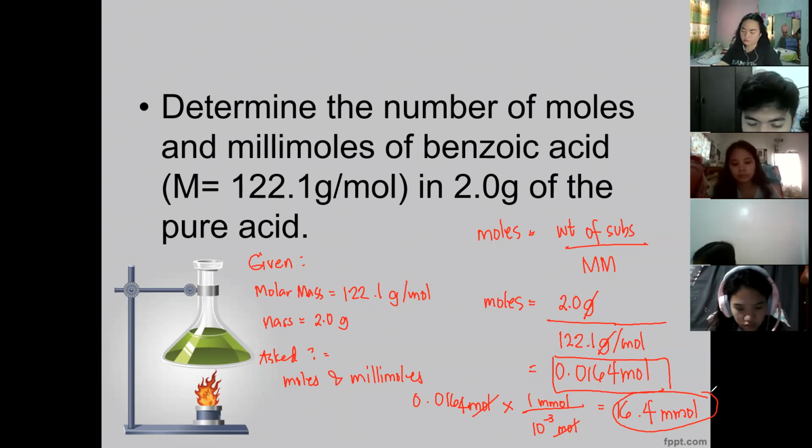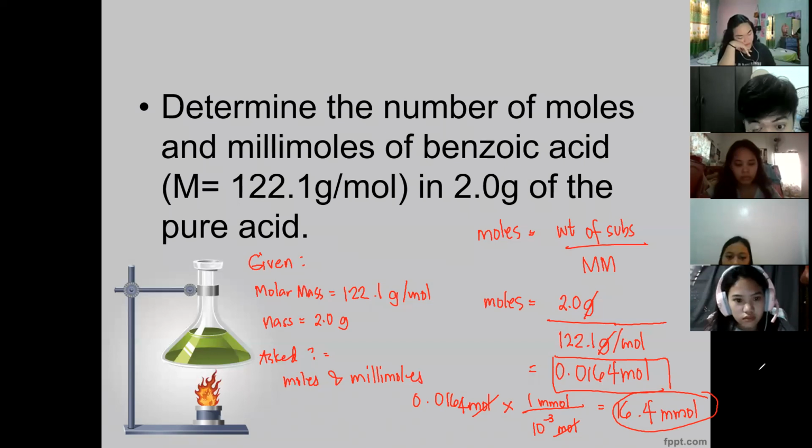So we will start with the moles, and then after that, we will just convert it to millimoles if ever dalawa talaga yung hinahanap. Okay? So again, in 2 grams of benzoic acid, meron tayong 0.0164 mole or 16.4 millimole. Do you have questions sa ganitong problem?